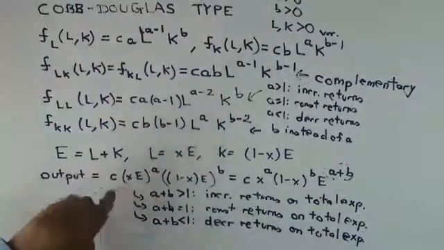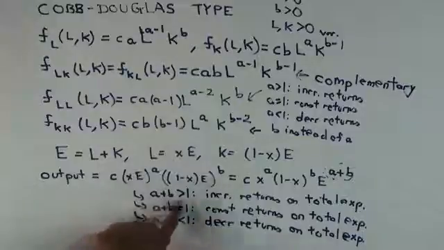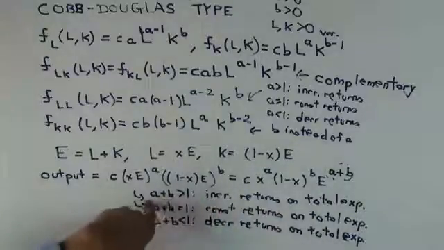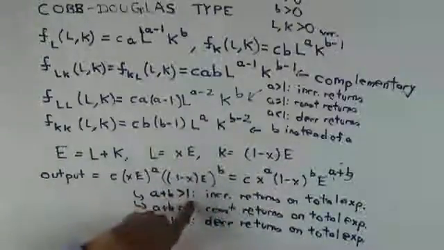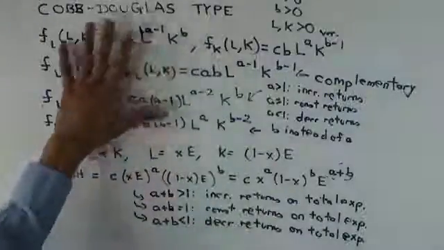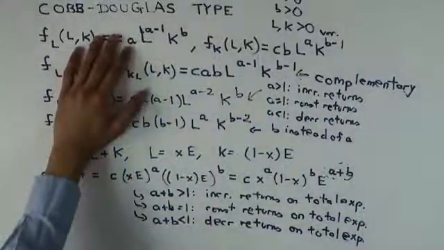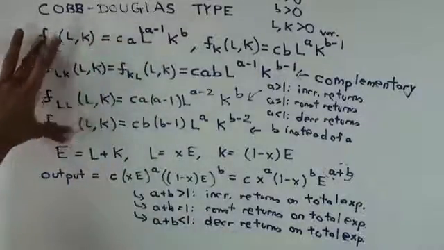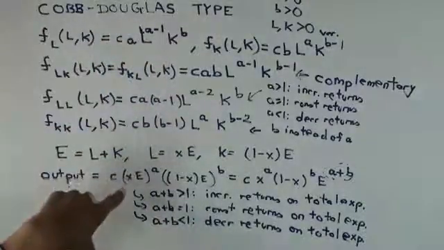I'm not assuming this. But the point is that you see that now this condition, increasing returns on total expenditure, is a lot easier to achieve than increasing returns on either of them individually, right? So can you give some examples of values of A and B where you have decreasing returns individually but increasing returns combined?